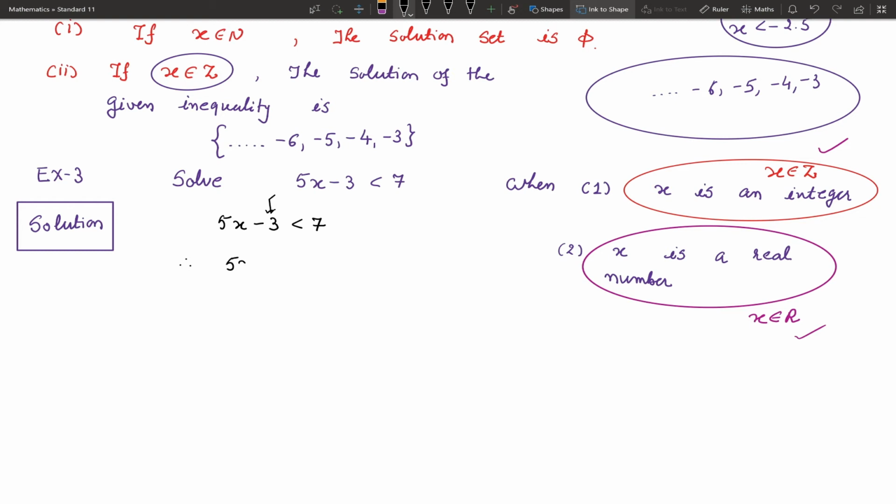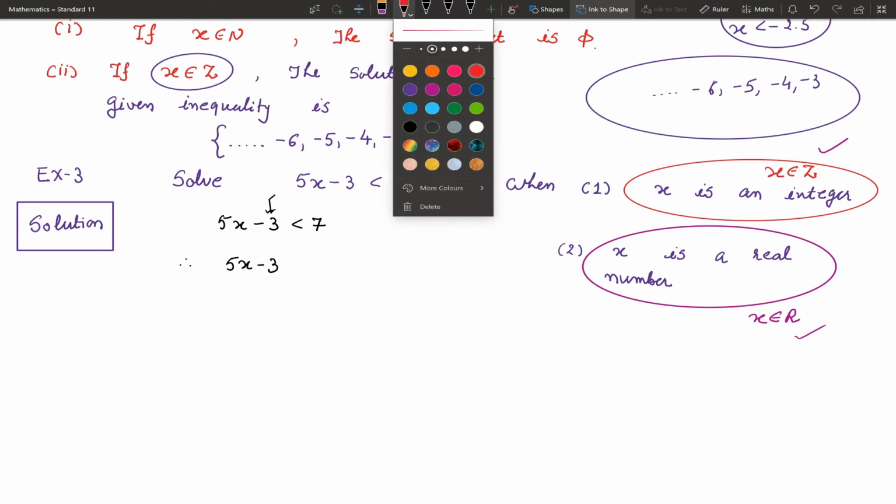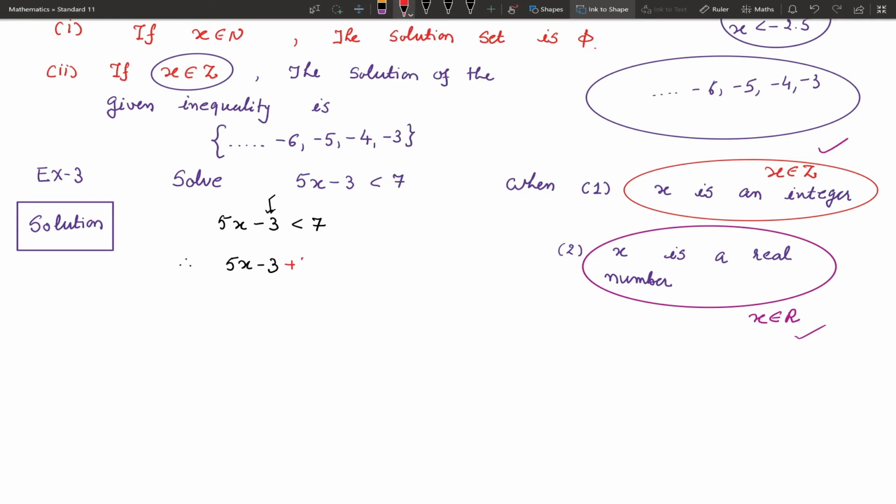So 5x minus 3 plus 3, we have added plus 3 to both sides. So the simplification is 5x less than 7 plus 3, which is 10.